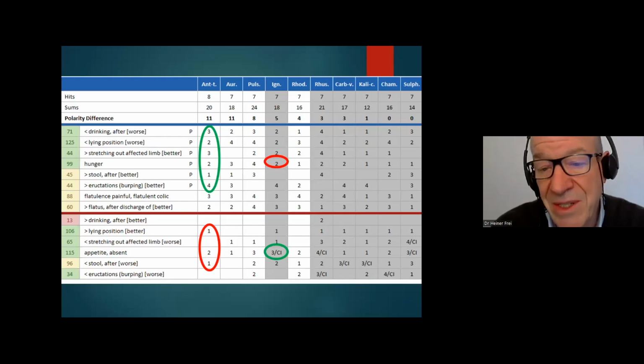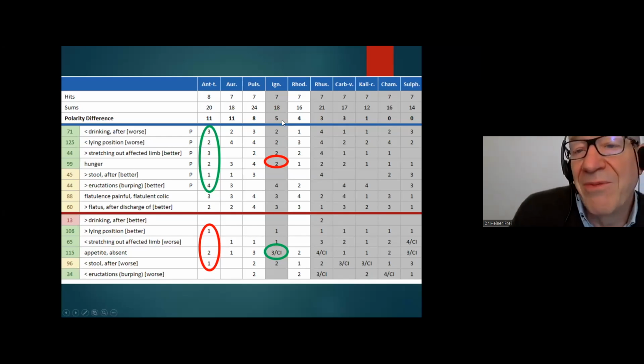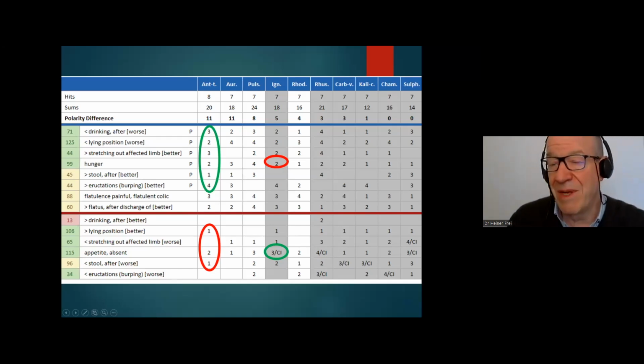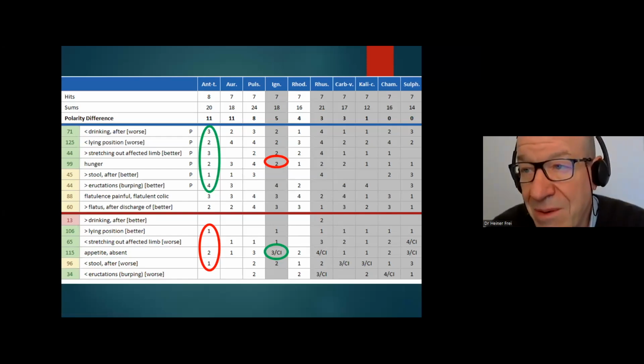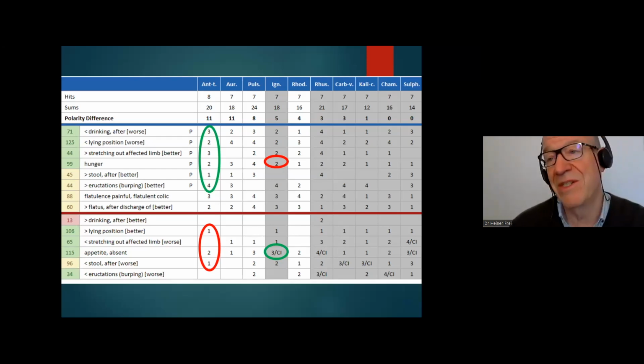In our software, we have these gray shaded columns, and gray shaded means they contain contraindications. We mark them with CI here, and you see every column here has contraindications. So these are the remedies that are much less probable to heal a patient.